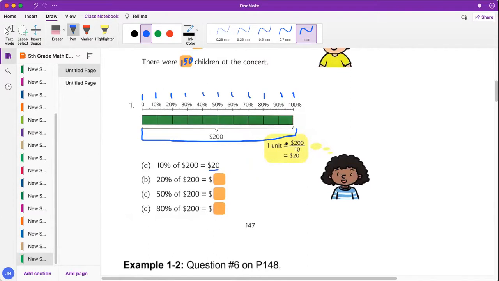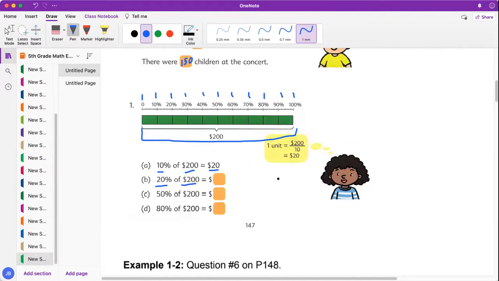So 1 unit is 200 divided by 10, and we get $20. And so if we have 200 at 20%, what can we do?